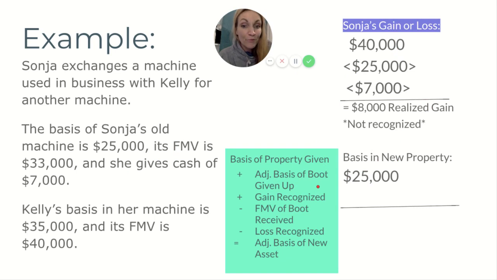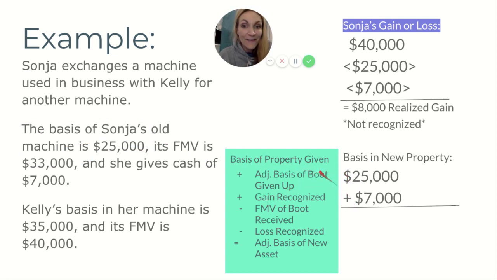Adjusted basis of boot given up. That's supposed to say adjusted basis of property given up, which is Sonja's machine right here, 25,000. Then that's this first one, basis of property given, 25,000. I just didn't line it up exactly. Adjusted basis of boot given up.